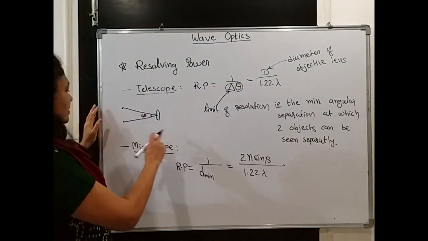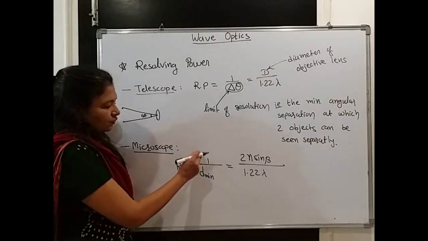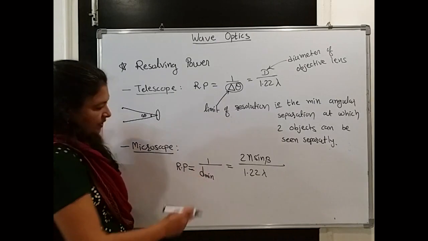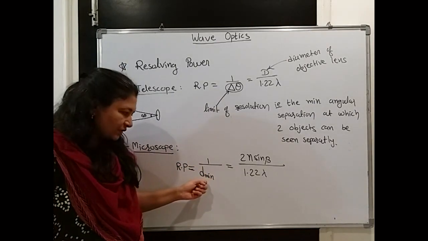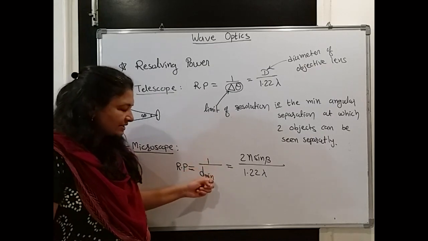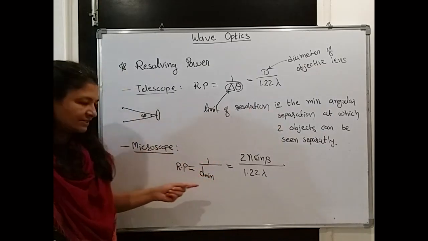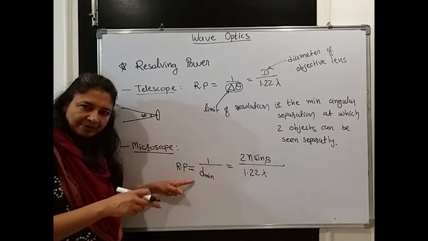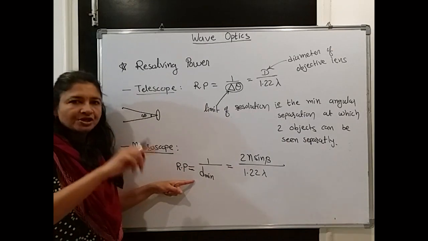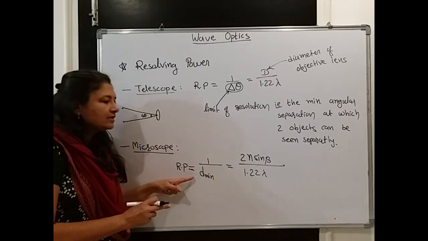Okay. Now in case of microscope, resolving power is equal to 1 upon d minimum. Once again, d minimum is also known as limit of resolution, but in this case it is not the angular separation but the linear separation. The linear separation between two objects for which the two images can be created is known as d minimum.